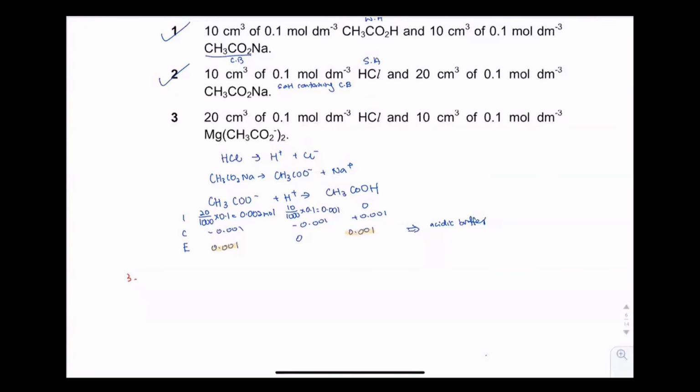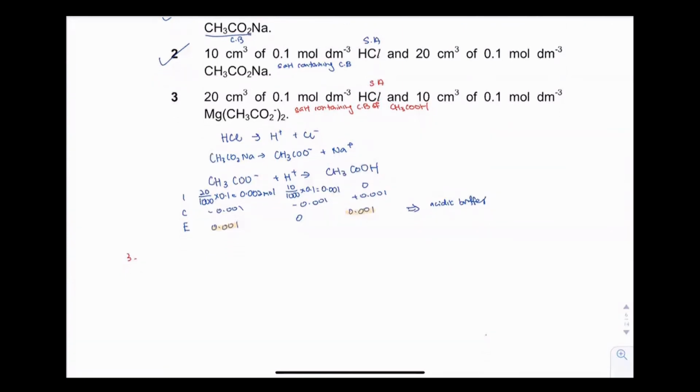Over here in number 3, I have HCl, which is a strong acid, as well as magnesium ethanoate, which is the salt containing the conjugate base of ethanoic acid. At first glance again, this seems as though it is definitely not. Let's check it out.